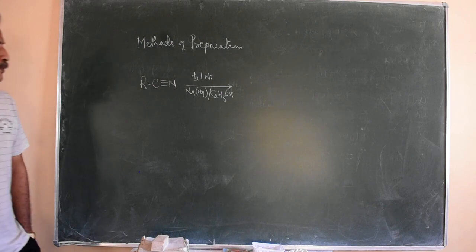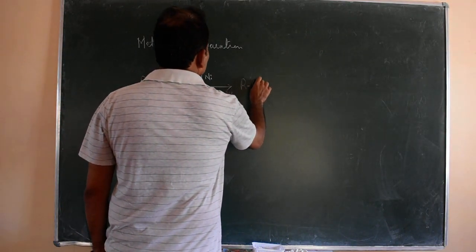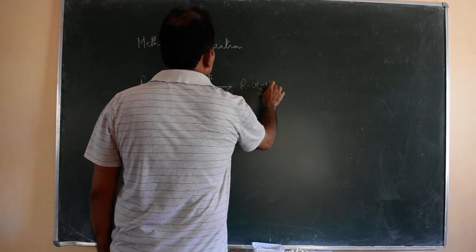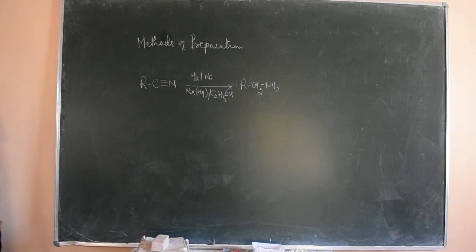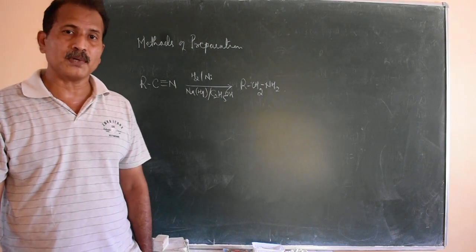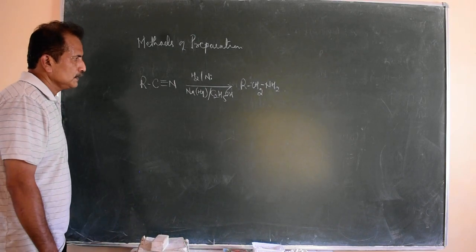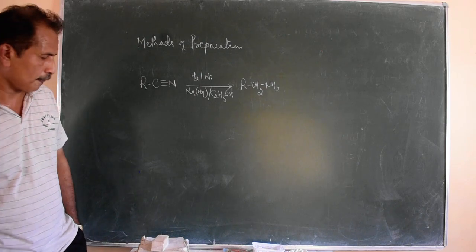Okay, so this will convert into R-CH2-NH2. See, you have converted that cyanide or nitrile into amine. So by reduction. So this is the second method of preparation.